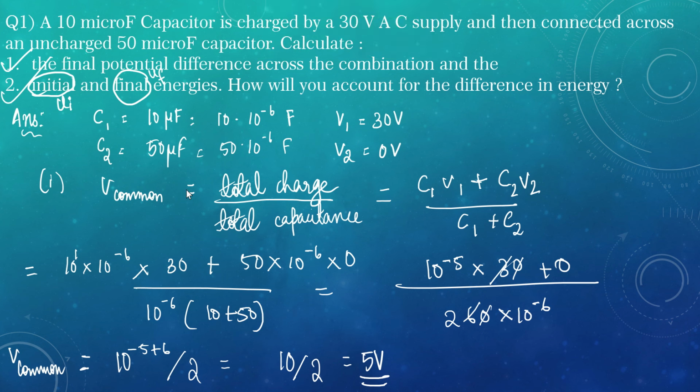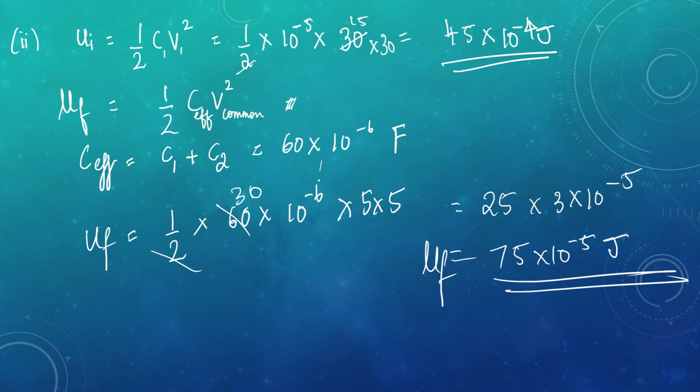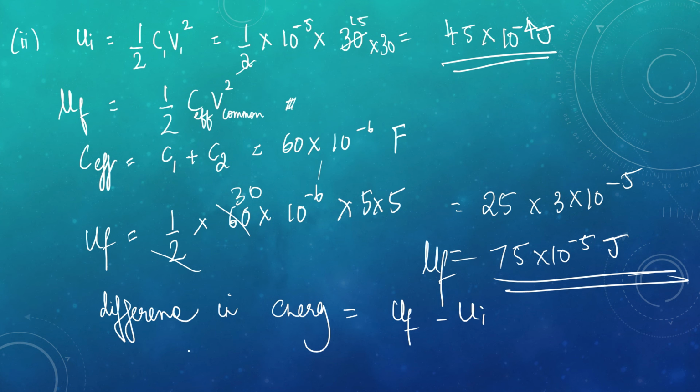Now, for the difference in energy, that is U final minus U initial. U final is 75 into 10 raised to minus 5, right? And U initial is 45 into 10 raised to minus 4.